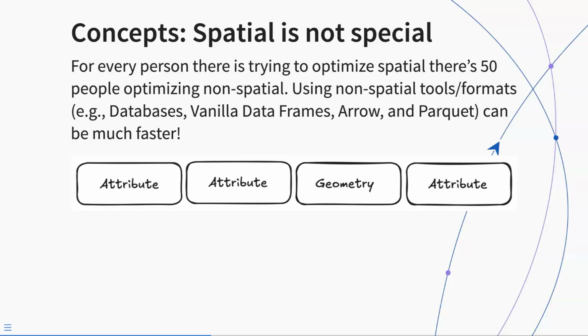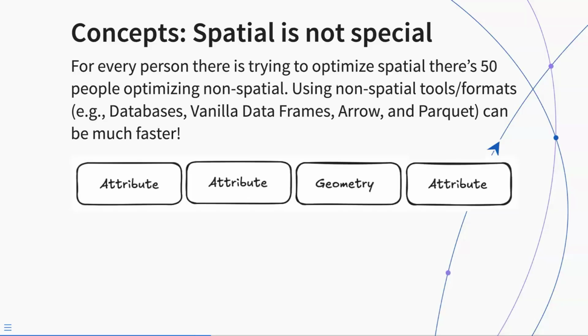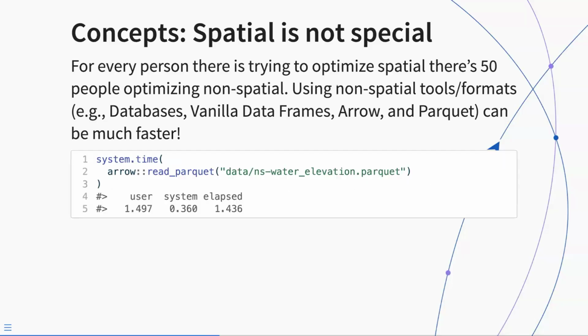If you pretend that geometry is the center of the universe, then you can't use a lot of those things. So working with spatial databases, working with Arrow and Parquet, and even working in R in data frames that aren't SF data frames, if you can unlock your problem to be part of that, that can often be much faster.